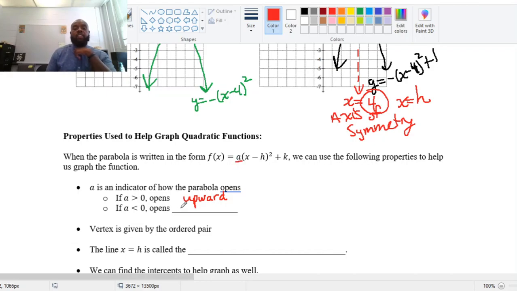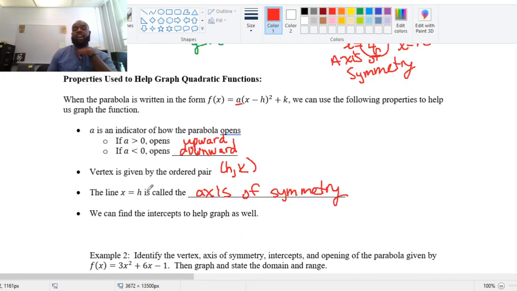And when it's negative, it's opening downward. Your vertex is given by the ordered pair (h, k), as we said before. The line x equals h is called your axis of symmetry. And so we can use these things, in addition to finding our intercepts, to help us graph a parabola.